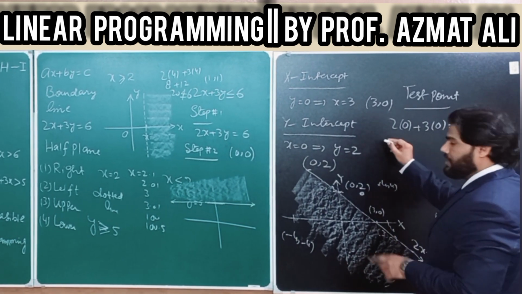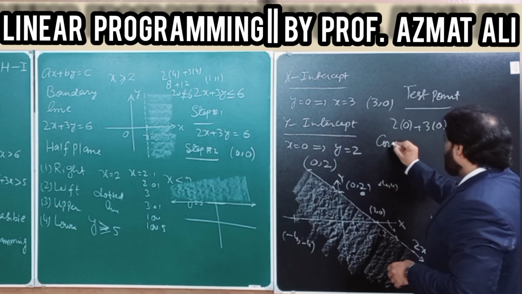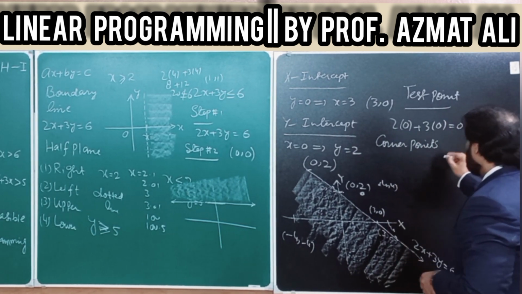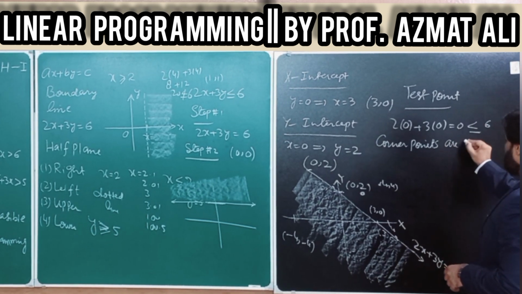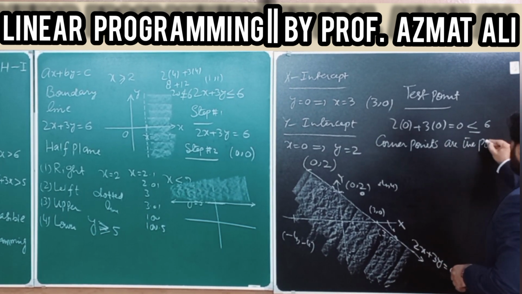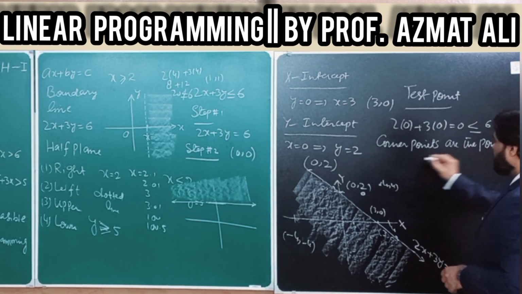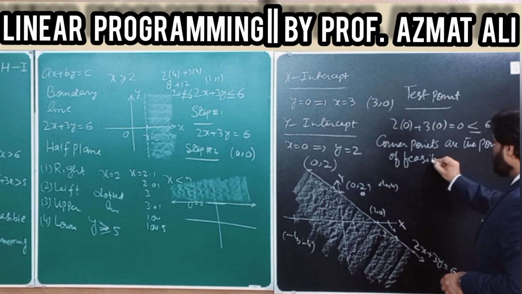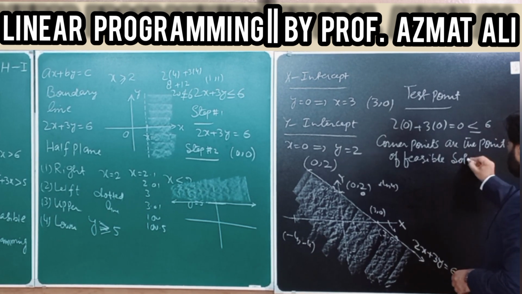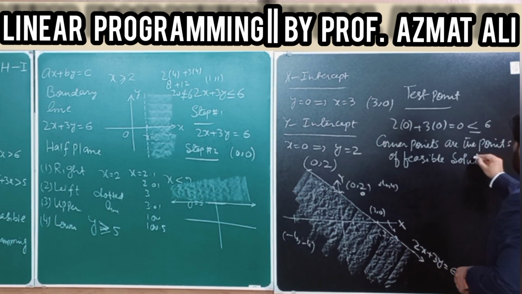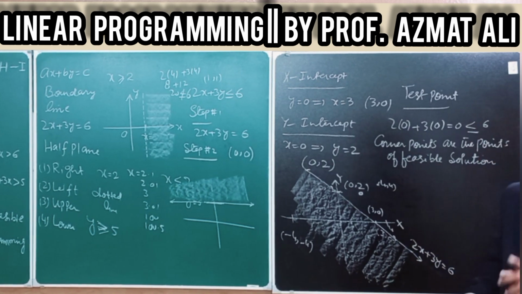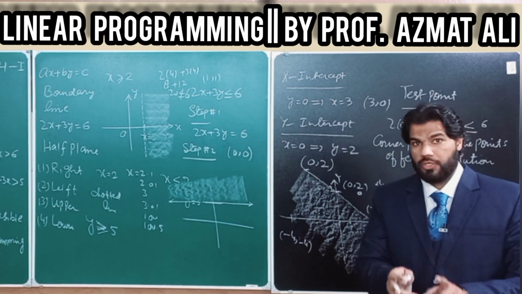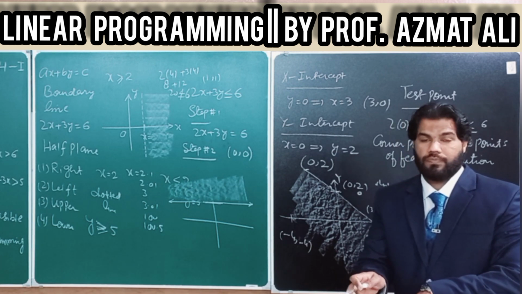So corner points are the points of the feasible solution. The first important thing is that corner points are the points of the feasible solution. First and the last important thing, corner points should be points of the feasible solution.